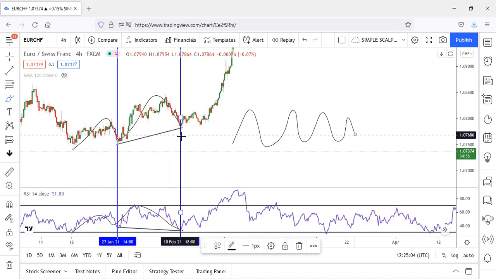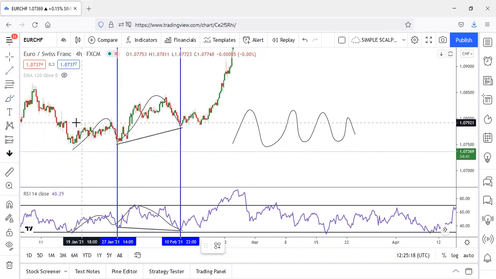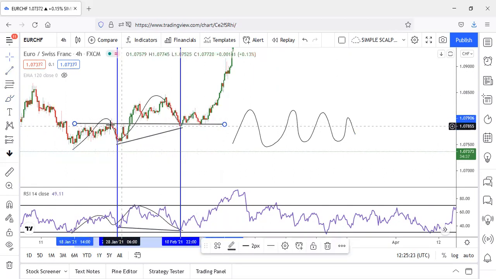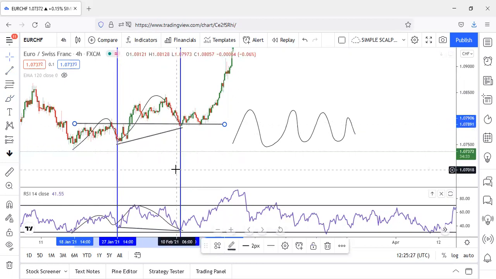All right. And another key level you can use for this is to expect the last lower high to come into a support. As you can see, this is a support area. So once price comes into a support, look out for the hidden divergence.